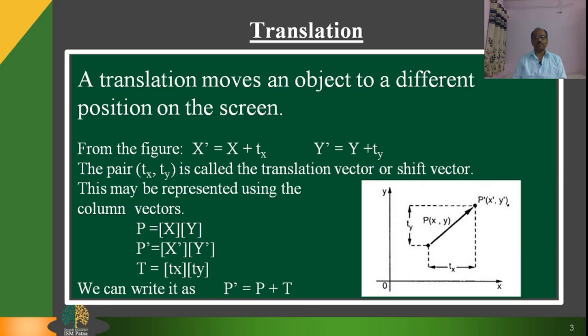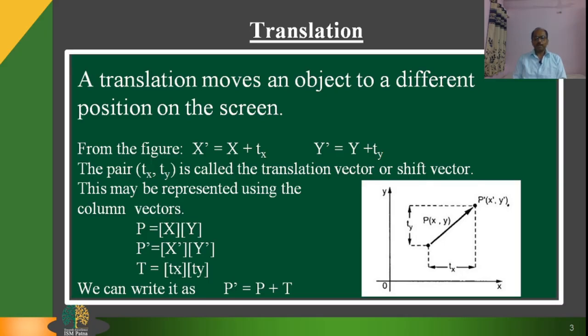So let us start with translation. A translation moves an object to a different position on the screen. We can translate a point in two dimensions by adding translation coordinates tx and ty to the original coordinate x, y to get the new coordinate x dash, y dash.